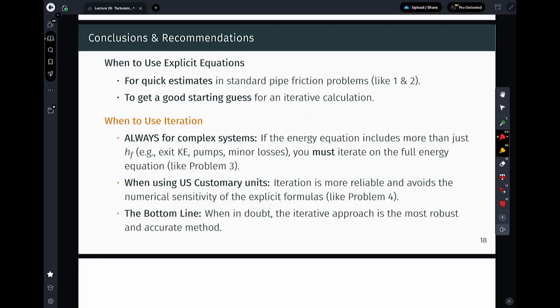As soon as things get a little bit more complex, on Tuesday we will look at minor losses, which are major losses in a piping system. We're going to have to consider that, so you have to iterate. So problem 3 becomes more problematic. With US customary units, iteration is more reliable and avoids the numerical sensitivity of the explicit formulas, like the last one.